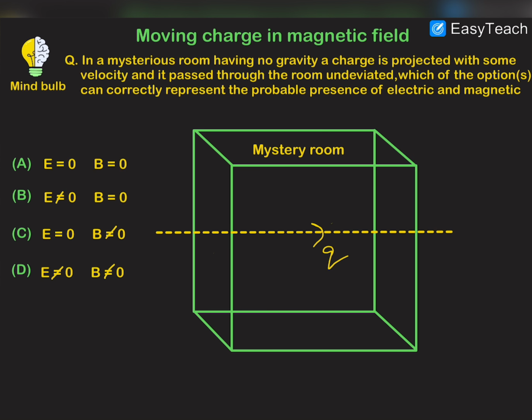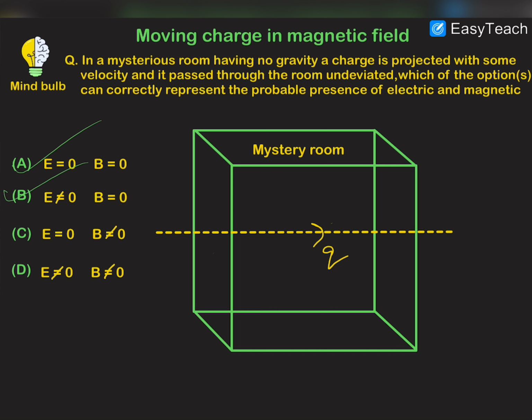Now in the same mystery room, if we projected a charge with some velocity and we observed that the charge passed through the room undeviated, it does not change its direction in the complete motion. So obviously the first option can be the case, because if there is no electric and no magnetic field, then it would go undeviated.